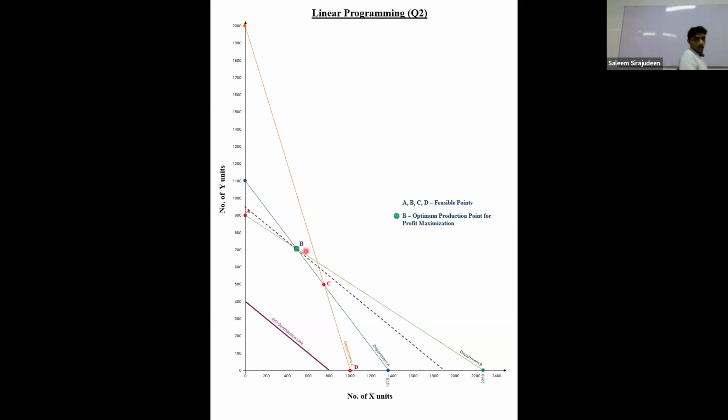So write the note, write the heading ISO contribution line and ISO cost line. Write the heading like that, ISO contribution line and ISO cost line. Write that point.